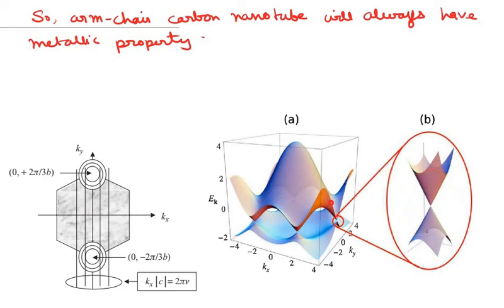Okay, also the Fermi energy lies exactly here, which is basically the point at which the conduction band and the valence band touch each other. So the Fermi energy lies somewhere around here.